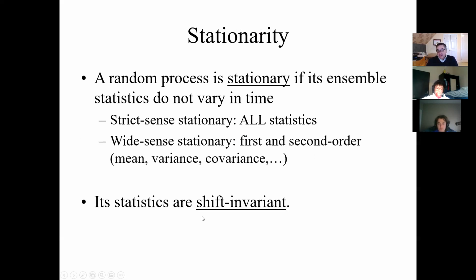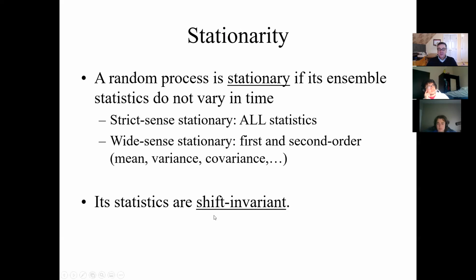And another way of thinking of this in the context of what we talked about previously is to say that its statistics or its random properties are shift invariant. Okay, it doesn't matter where in the signal we look, the random properties are going to be the same, and that's going to be important, right? It's going to turn out that we need the property of stationarity in order to be able to use the Fourier transform to analyze the properties of the random process.